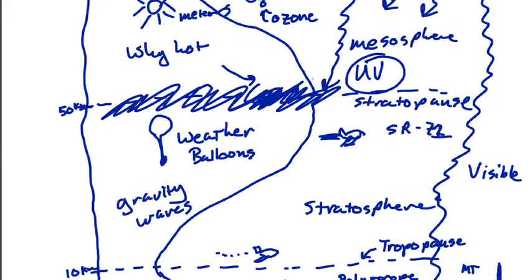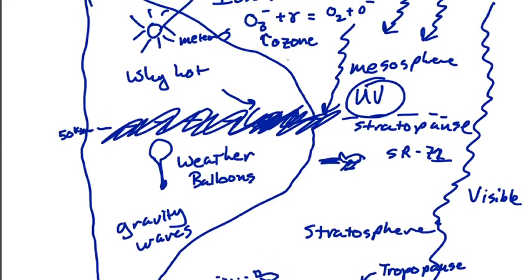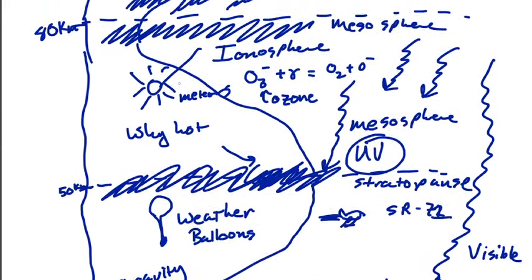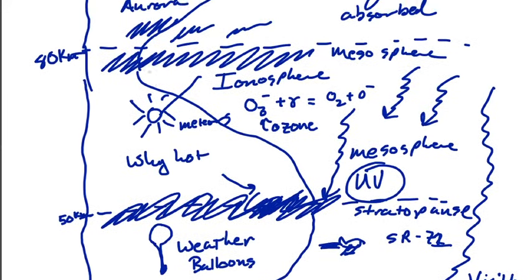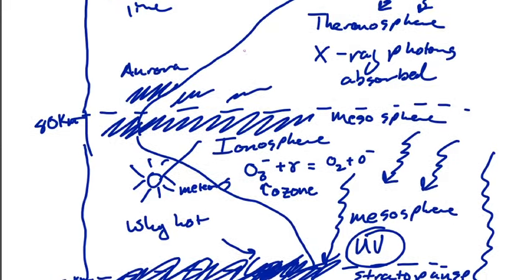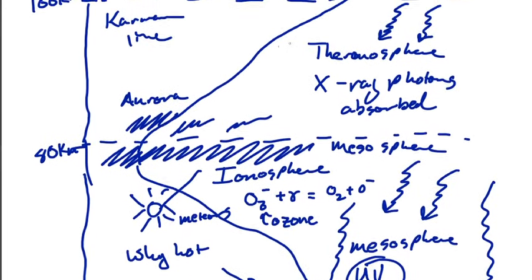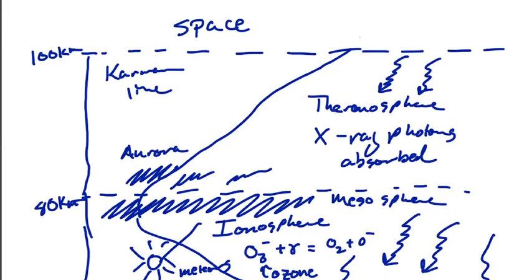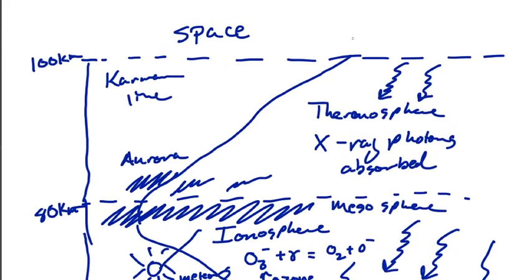And then the temperature begins to drop again, coming into the mesosphere, until it reaches a point where it again heats back up in the thermosphere as X-ray photons from the sun are absorbed and ionize atoms, creating the plasma environment in the near space region around our Earth.